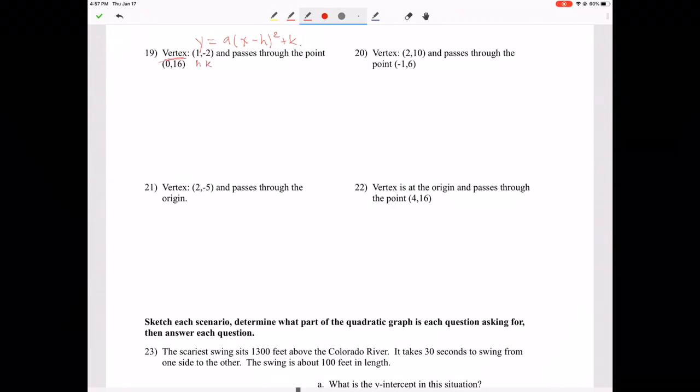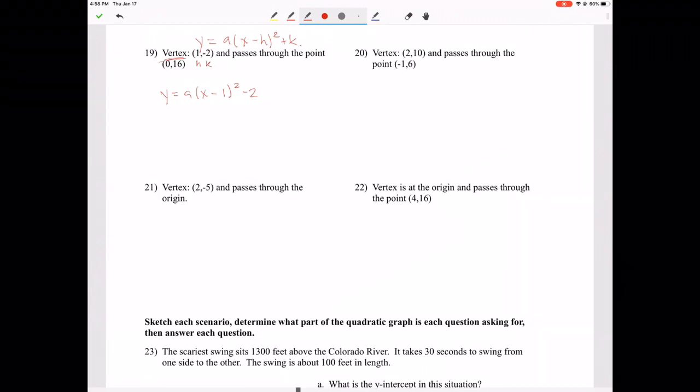You don't have to worry about signs. It will take care of itself. y equals a times x minus 1 squared plus, we do have plus a negative 2. That is the same thing as minus 2. Subtract 2, okay?